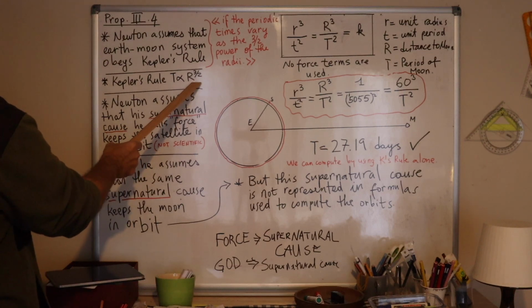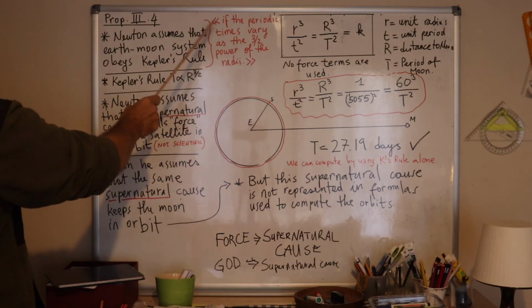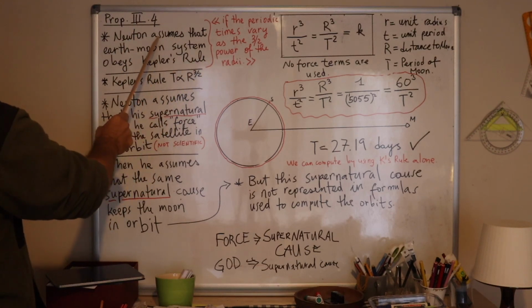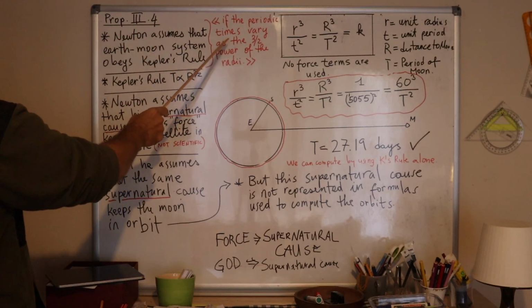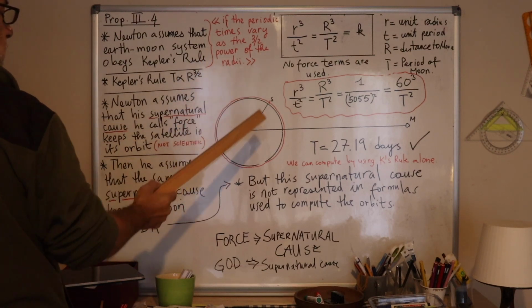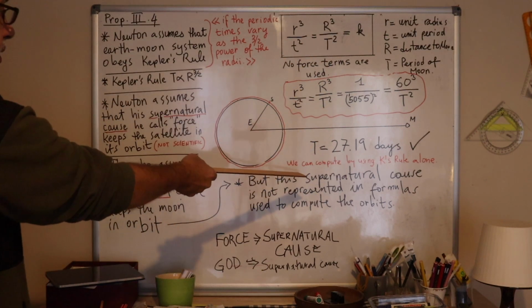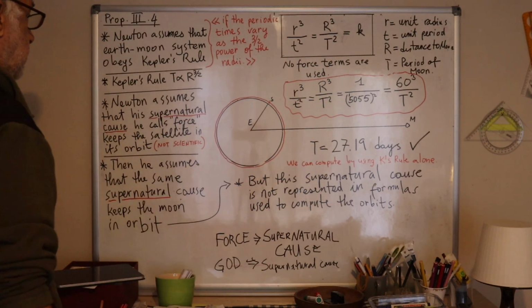Kepler's rule. Even if he says this in another proposition and doesn't say it explicitly here, implicitly he assumes this. So we apply Kepler's rule simply, and we compute T.